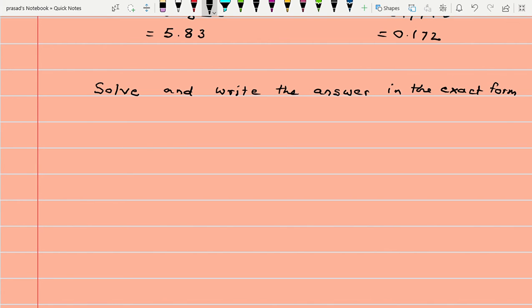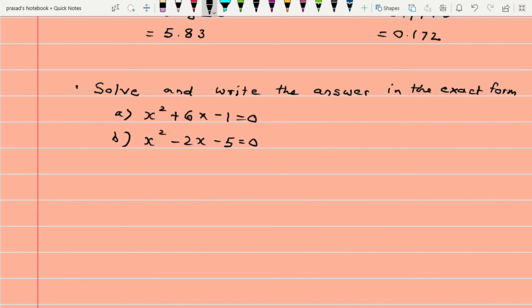So the first one is x square plus 6x minus 1 equal to 0 and x square minus 2x minus 5 equal to 0.